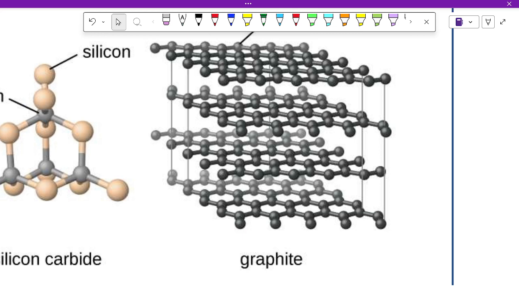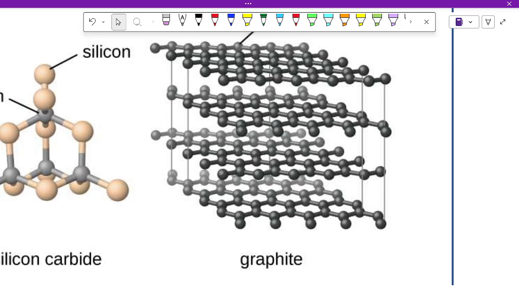This is diamond, shiny, goes in jewelry, harder than almost all substances on Earth. This is graphite. This is what is in your pencil. Okay, you can see how the different bonding structure makes it much more strong and less strong.